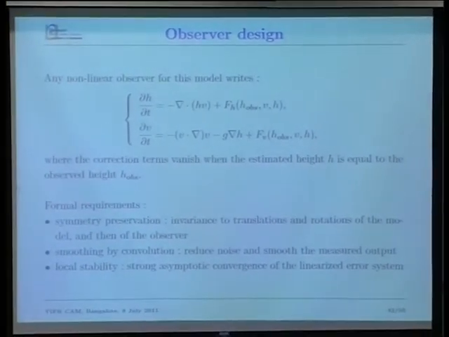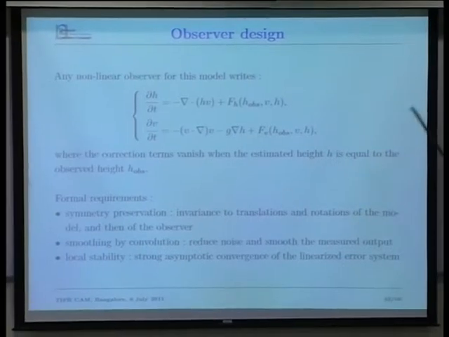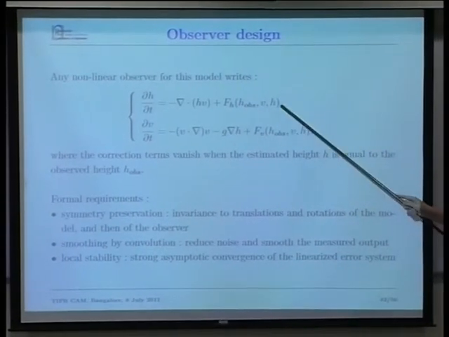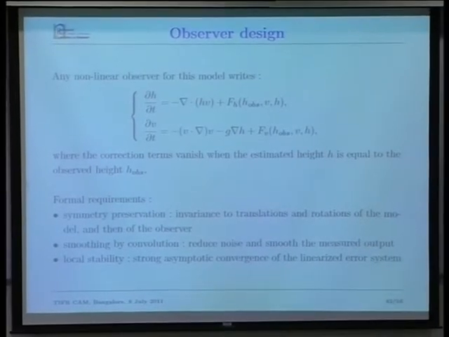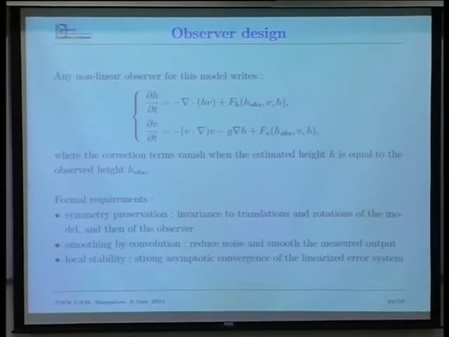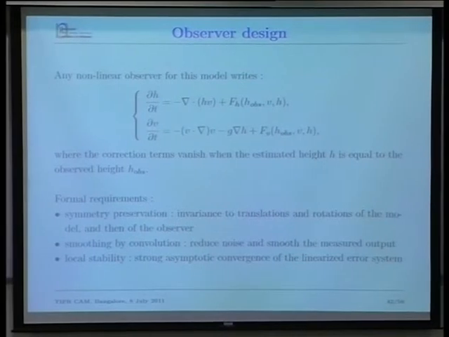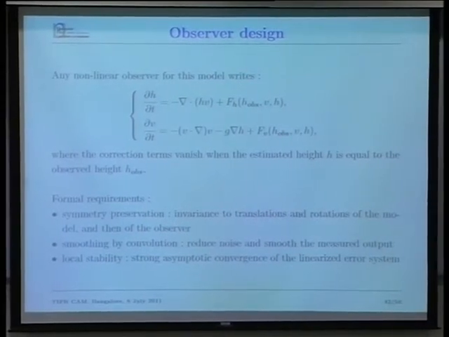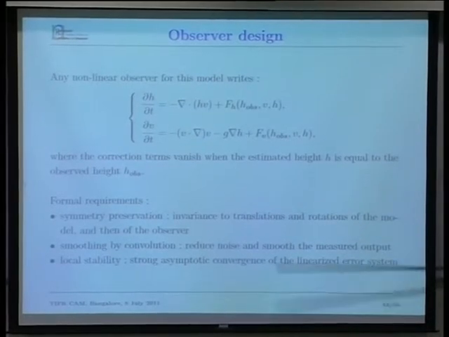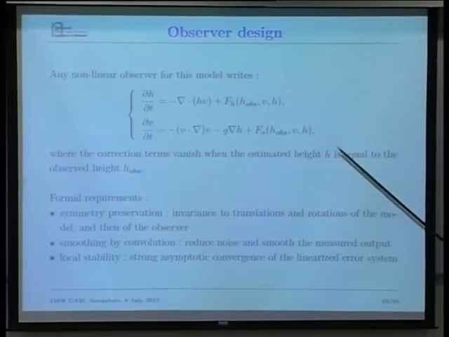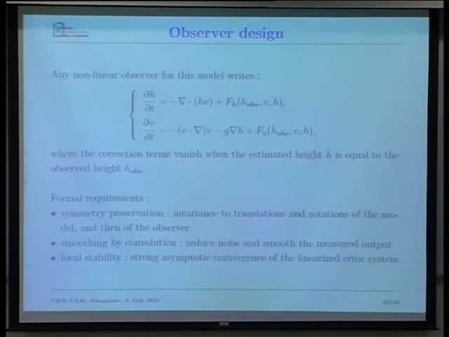Then there are several assumptions. The first one is that if h is exactly the observation, then you should not correct anything, because you have the correct height, so you cannot do anything. So these terms should vanish when h is equal to h obs.